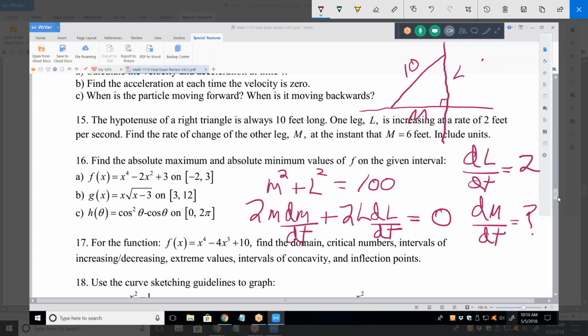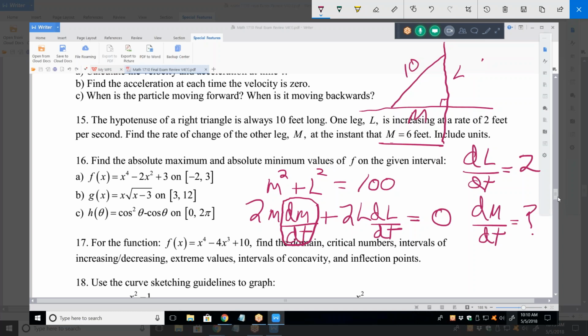Okay? Now I can substitute. Here's what I'm solving for, which means I have to substitute something for m, something for L, and something for dL/dt.